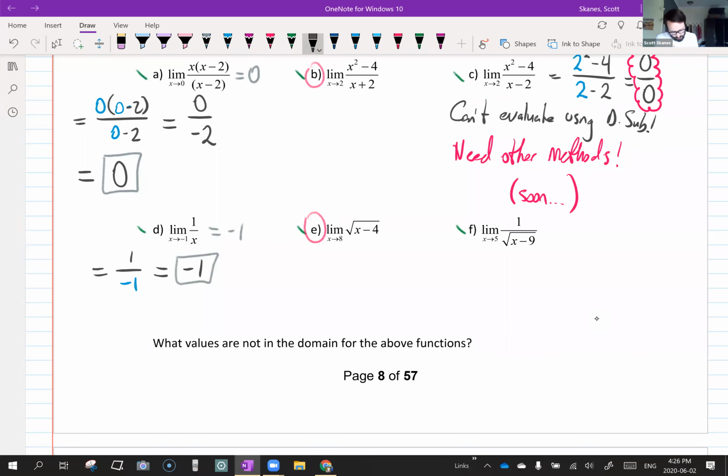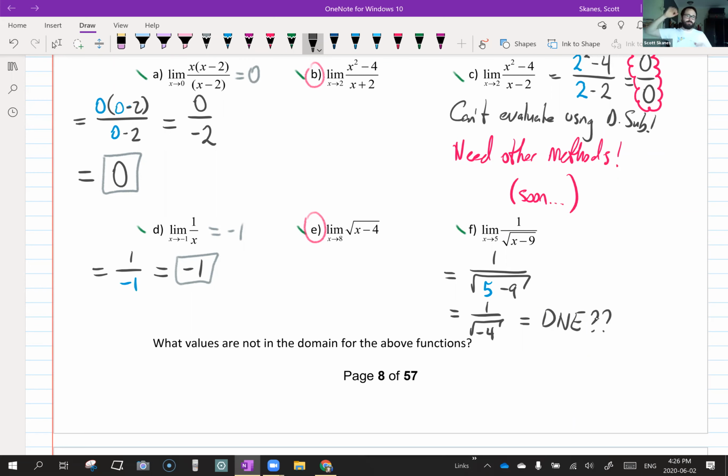F, well, let's try to do it directly. 1 over the square root of 5 minus 9. That's 1 over the square root of -4. So in this case, we have to say it doesn't exist, because limits are something we can only do on real numbers. We're not dealing with any imaginary numbers right now.